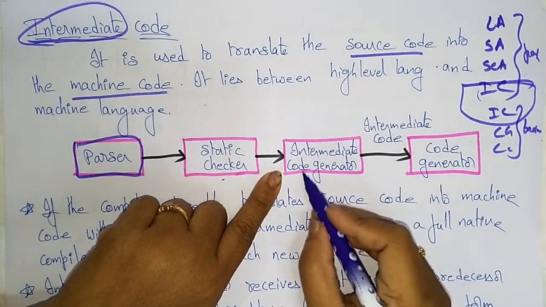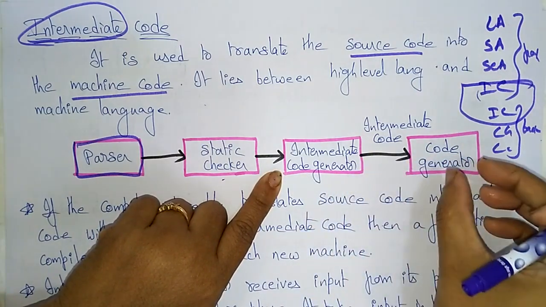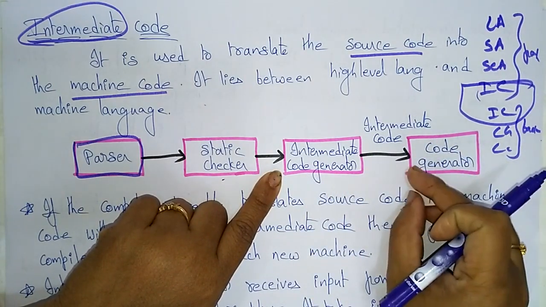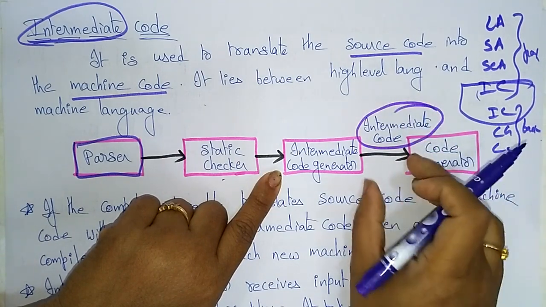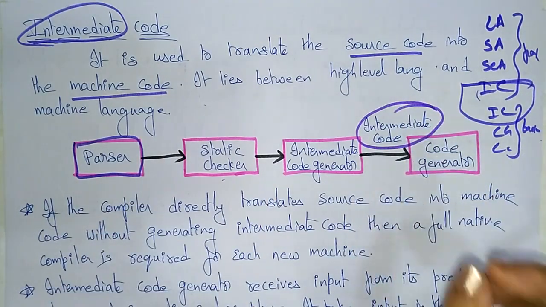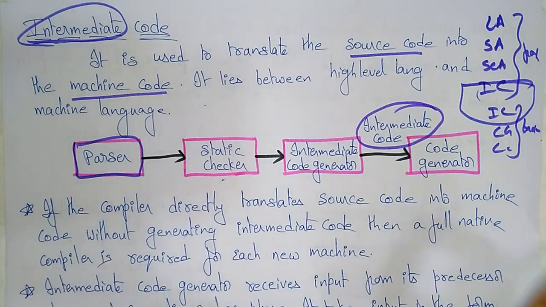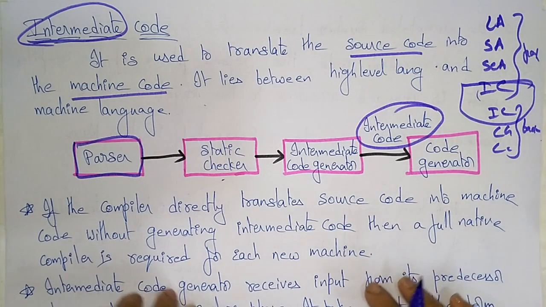So the intermediate code generator is generating intermediate code for the code generator. This intermediate code consists of what the compiler wants, means it is already in the readable format of the code generator. So it is almost readable by the destination, that is the target language.